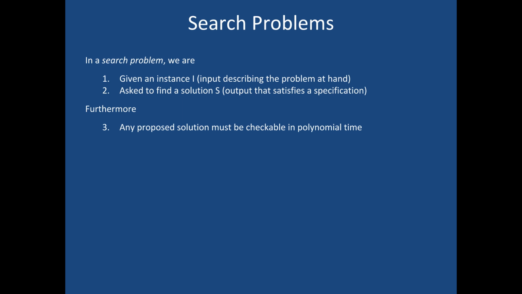So we're asking, I want you to give me back a list of vertices that form a Hamiltonian cycle. Okay? So it meets those two criteria. Is any proposed solution checkable in polynomial time? By polynomial time, I mean O of n to some constant. O of n to the 100th will do. Is there a way to check? You give me a proposed Hamiltonian cycle. How would I check that it really is a Hamiltonian cycle?